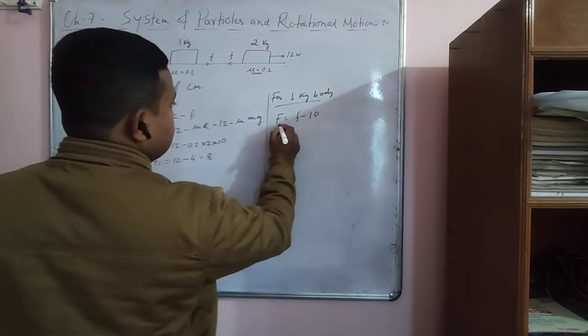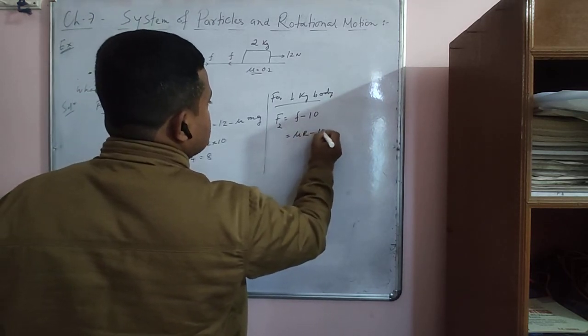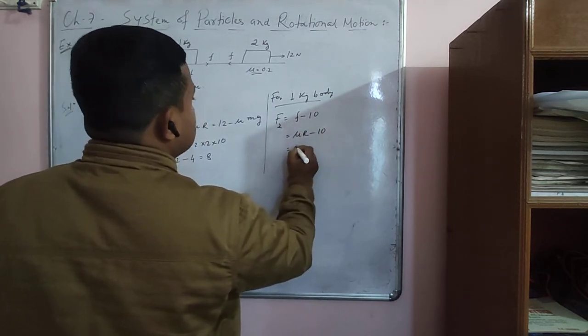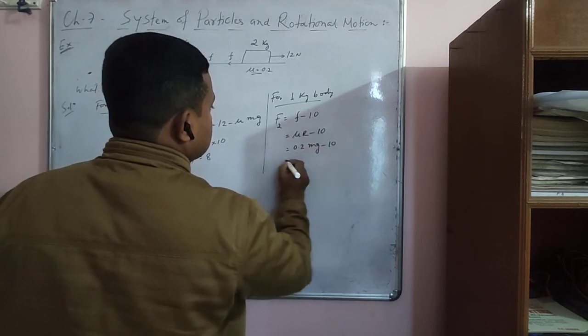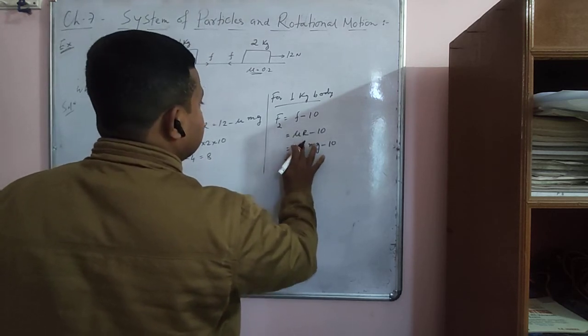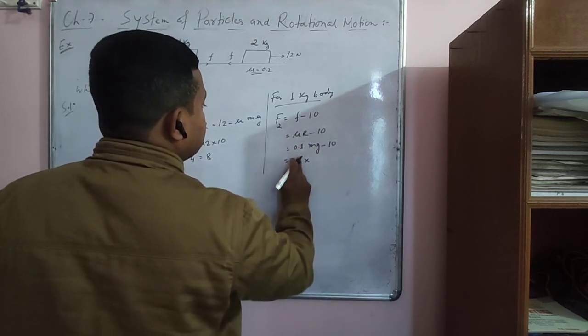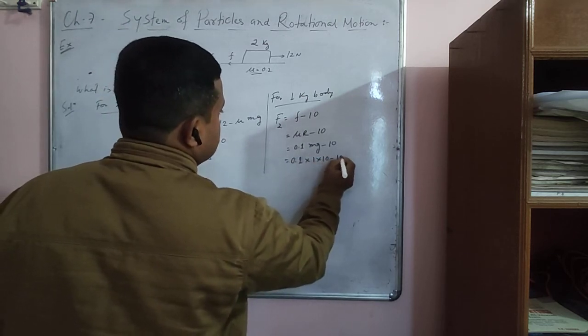Here, take F2, that is mu R minus 10. Mu here is 0.1, R is mg minus 10. So 0.1 times m, which is 1, times g, which is 10, minus 10.